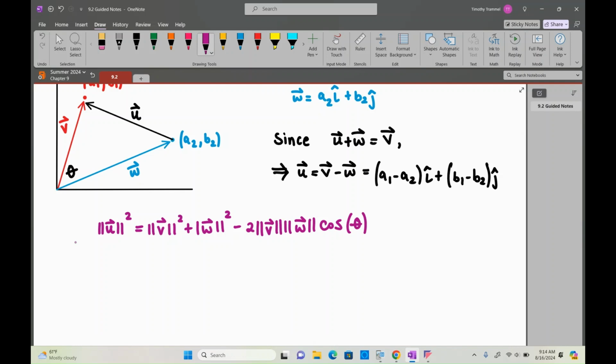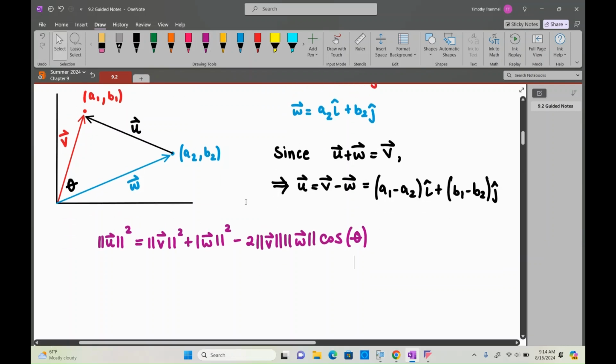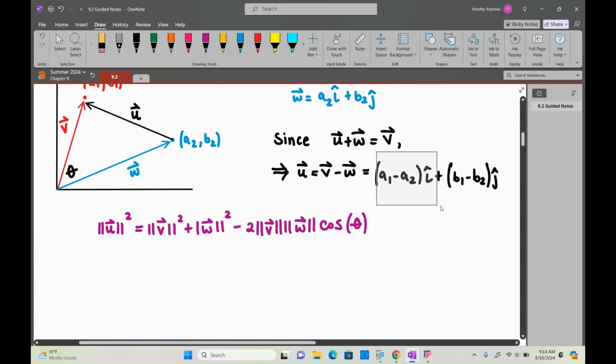Right, but there's actually more we can do here. We can actually find the magnitude of u and v and w, and we get some really nice cancellation if we do that. But it's going to get really messy here for a moment. So remember, u is this vector here.